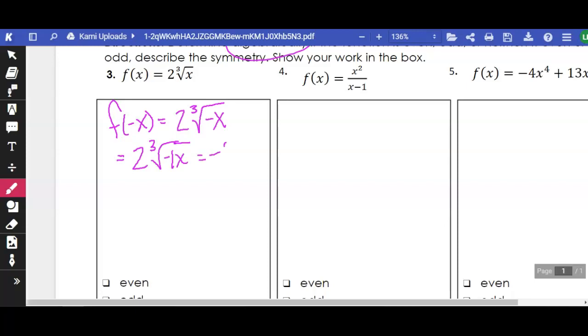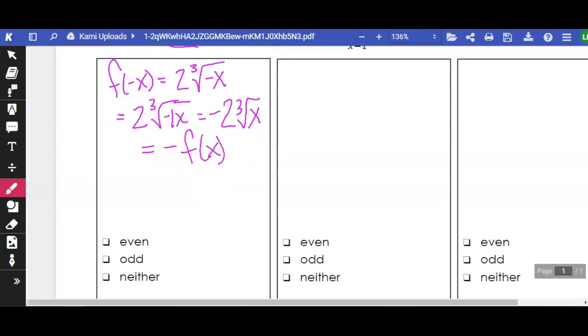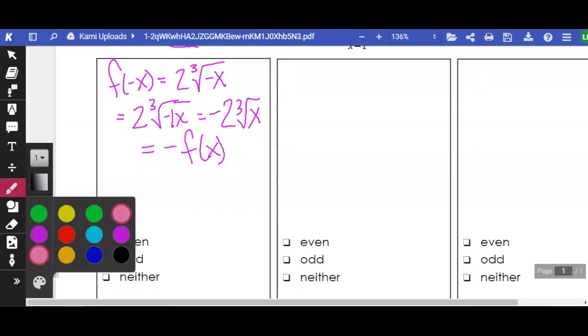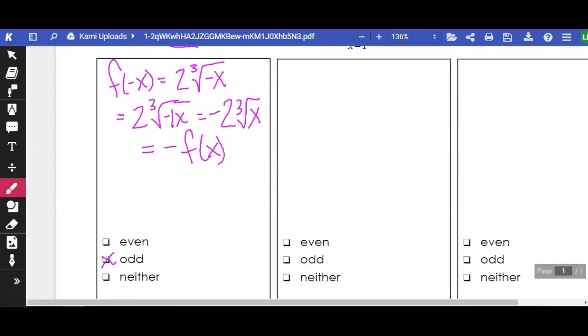That gives me negative 2 times the cube root of x. It does not look the same as this, but it is the negative version of that. So that equals negative f of x, which makes this odd. And then I have to explain the symmetry. So this is symmetric with respect to the origin because it is odd.